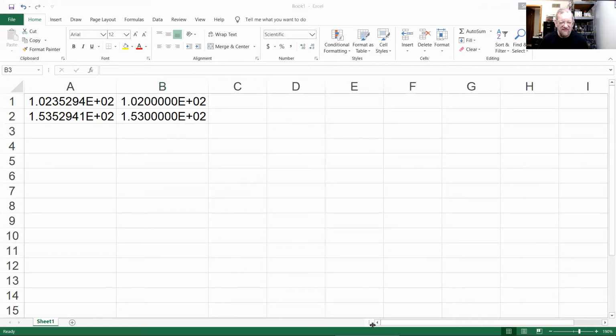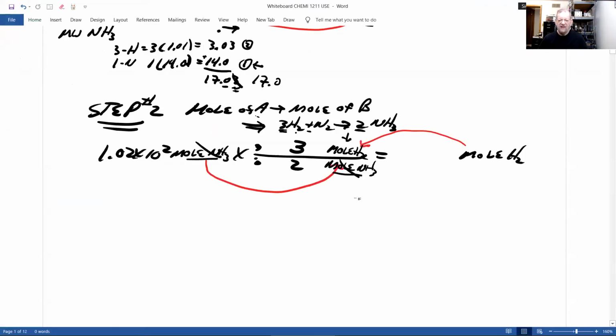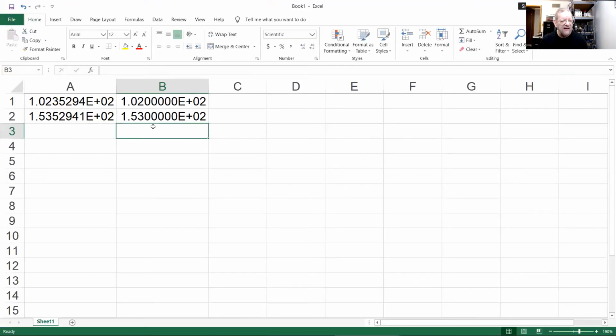And to 3 significant figures, I get 1.53 times 10 squared moles of hydrogen. Let me check that again. And that's what I get.